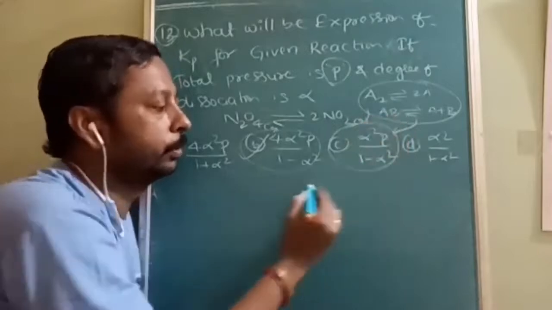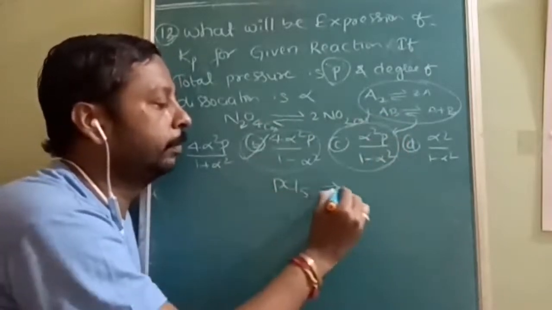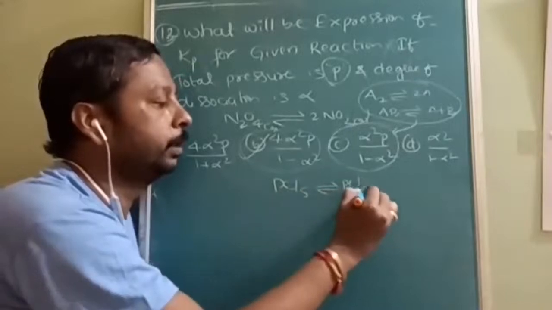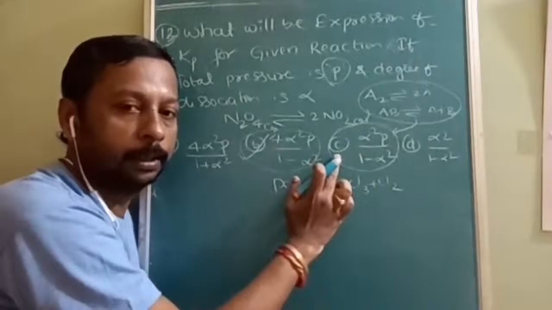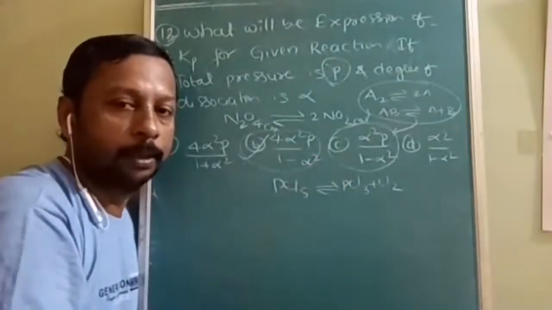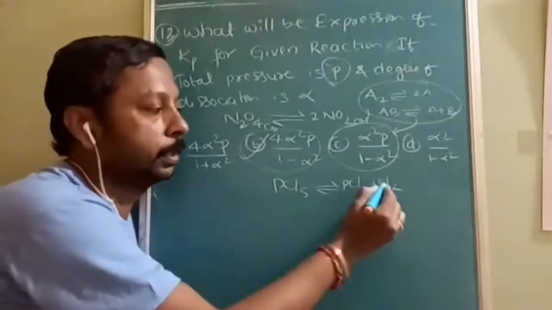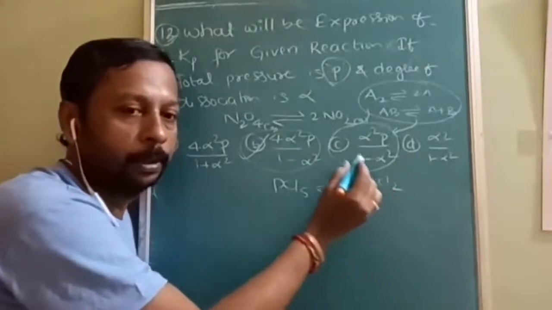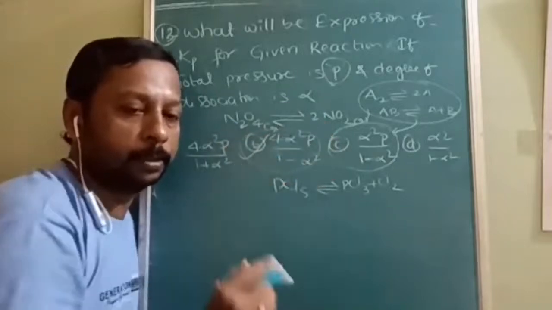The question may be like this: for AB type, PCl5 dissociates to give PCl3 plus Cl2. For that, C will be the correct answer. For PCl5 gives PCl3 plus Cl2, this is the correct answer. If the question is about N2O4 gives 2NO2, this is the answer.